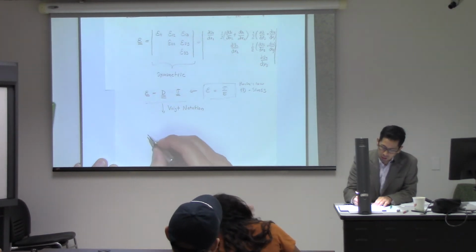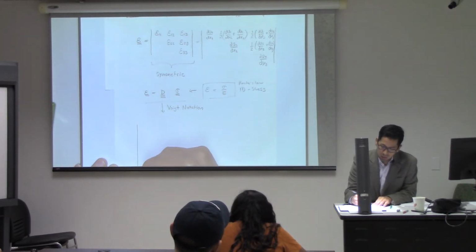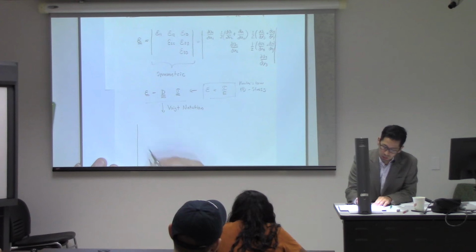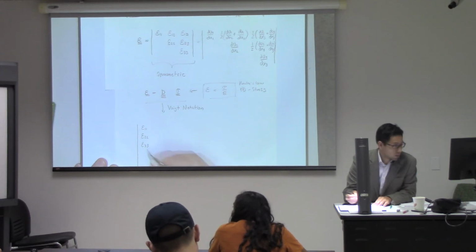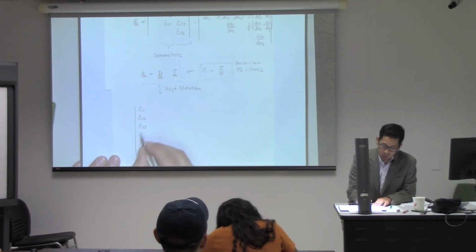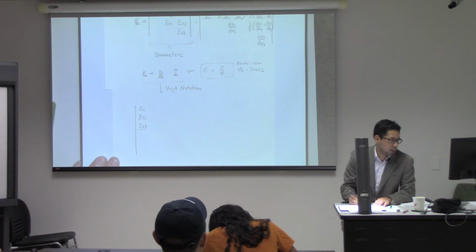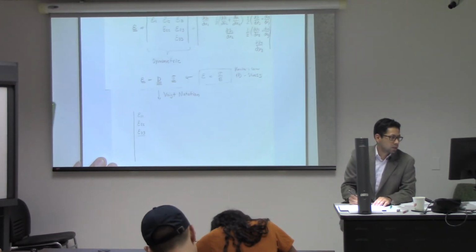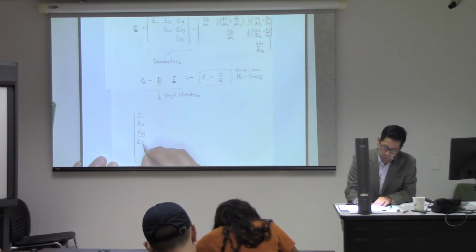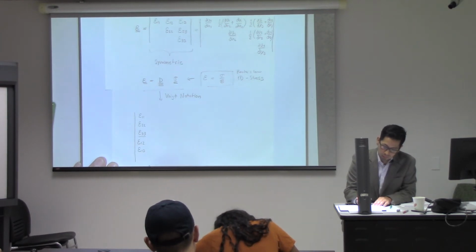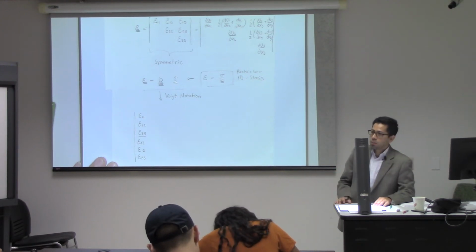So I'm going to say that the strain tensor epsilon is going to be epsilon 1,1, epsilon 2,2, epsilon 3,3, and I like here to add a line which is going to separate the linear strains from the shear strains, and here I'm going to write epsilon 1,2, epsilon 1,3, and epsilon 2,3. So those are the 6 independent elements.